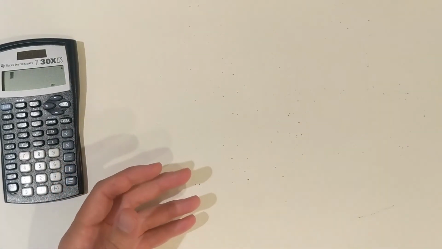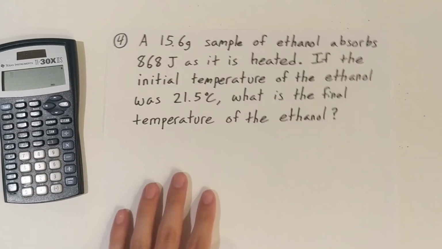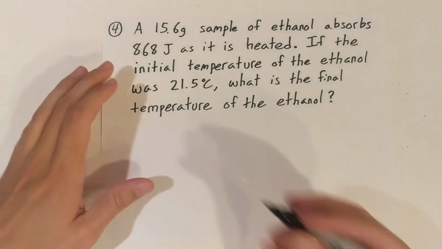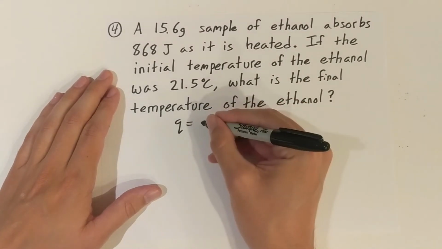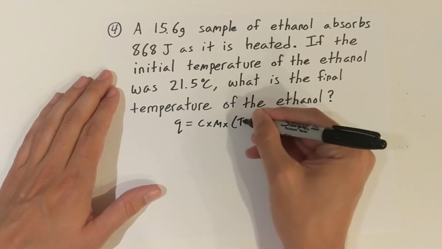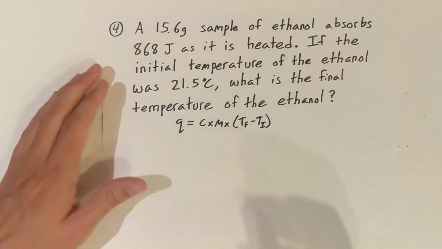All right, and these next few are a little bit trickier. So let's take a look at these. Maybe you might have had trouble with questions 4 and 5. I'm going to write it out a little differently this time. Q equals C times M times TF minus TI. Remember, that's all change in temperature is.